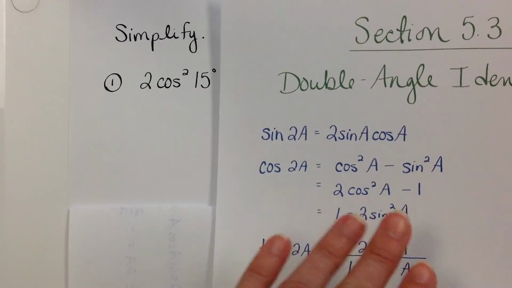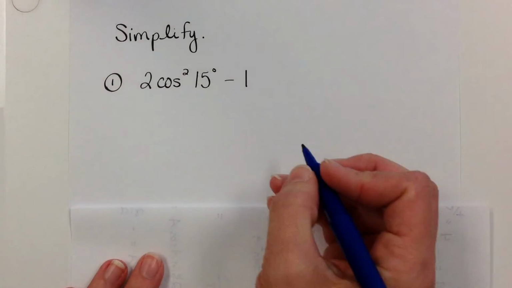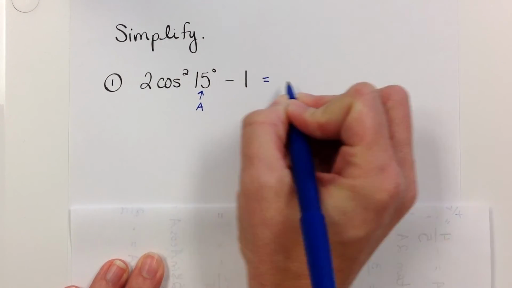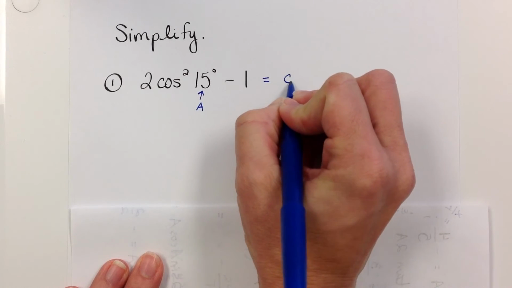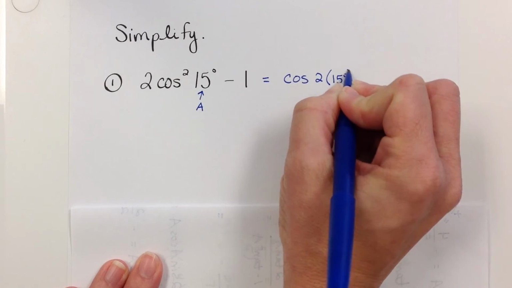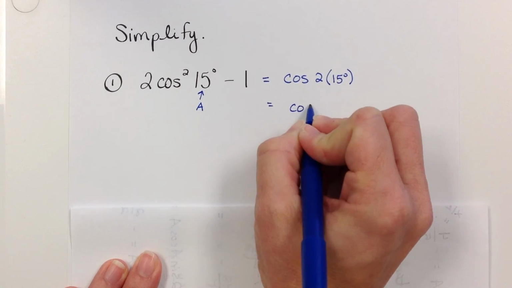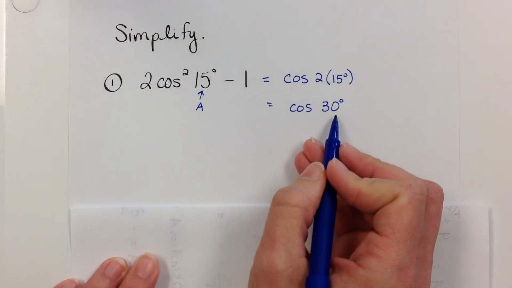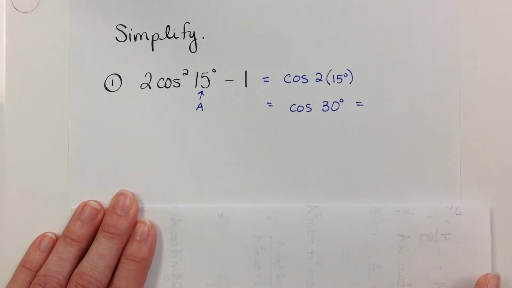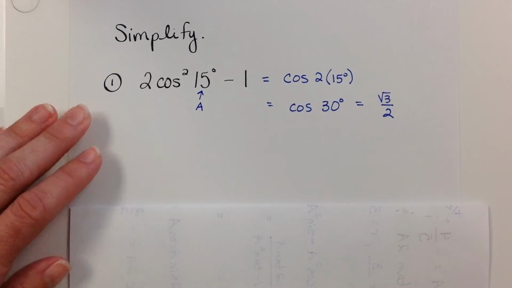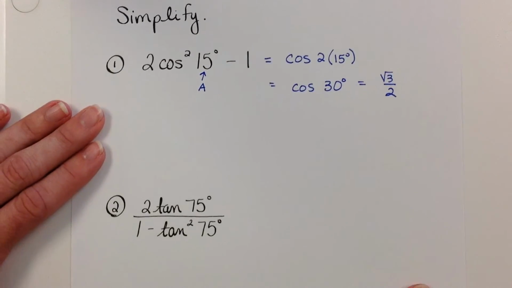Same identity, basically we're just using it in reverse order. So this is A. That means I could write this as cosine of 2 times A, which would give me cosine of 30 degrees, 2 times 15 degrees. 30 degrees is one of those values from your table, and cosine 30 degrees is square root 3 over 2. So there's your answer.